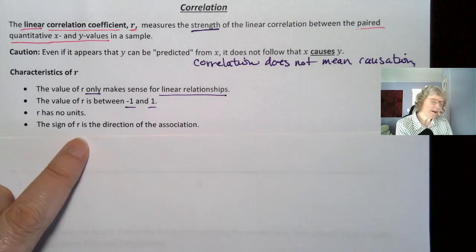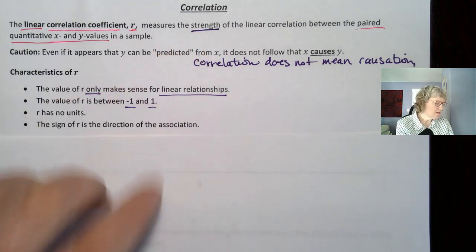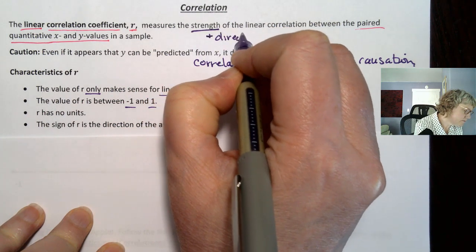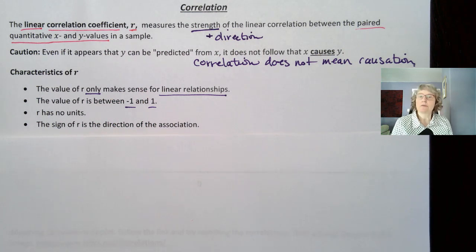And then the sign of R is also the direction of the association. So it tells us the strength, but it also tells us the direction. We don't need the direction so much from the correlation as we need an objective measure of the strength. Like I was talking about in the last video, if you zoom in or out, the data points might look closer together or further apart. So we need an objective measure to tell what the strength is.